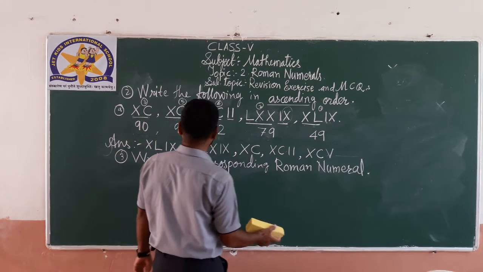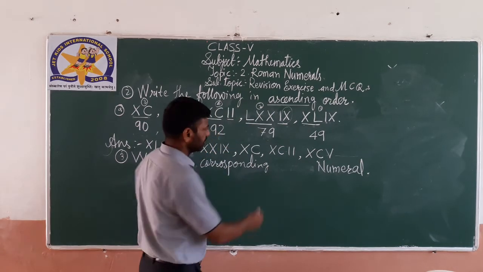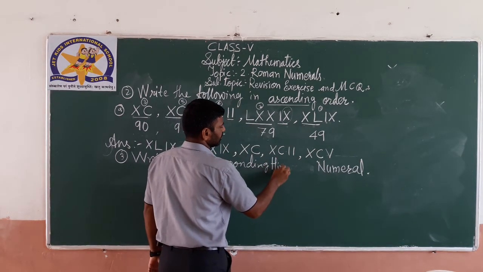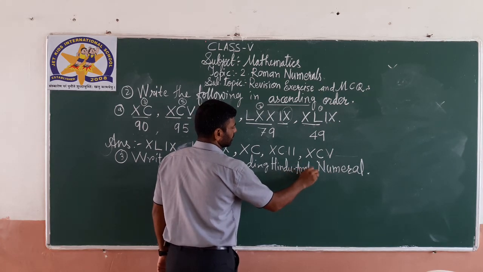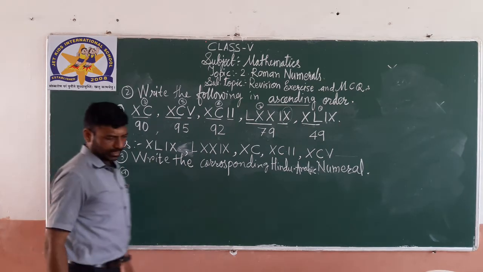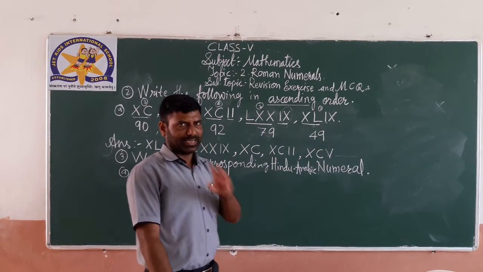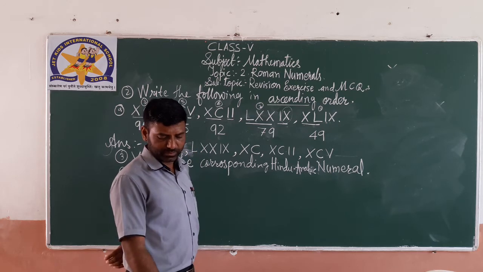The third one is Indo-Arabic numeral. Okay, I will solve. There are 3 examples. I will solve one. You will have to solve the remaining. Which one? You tell me.